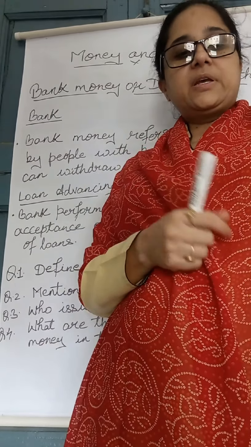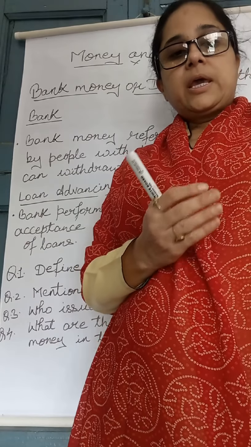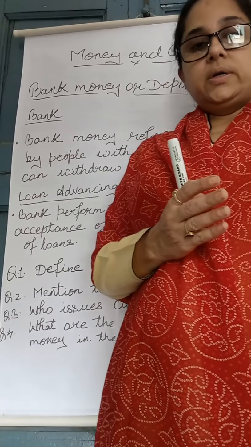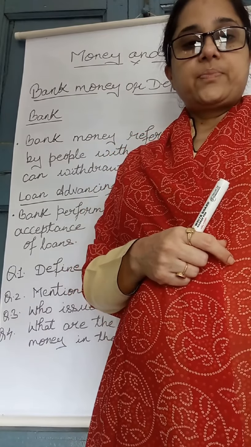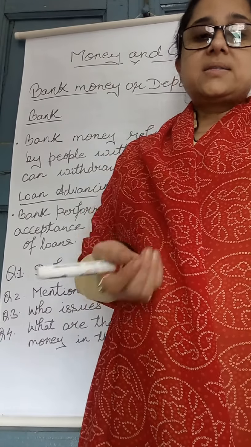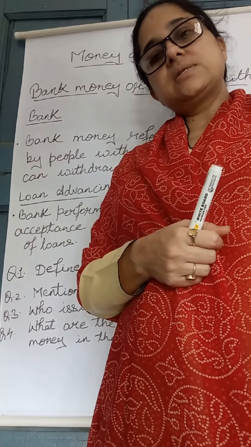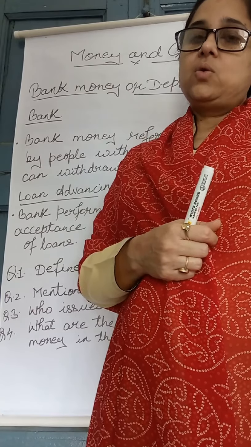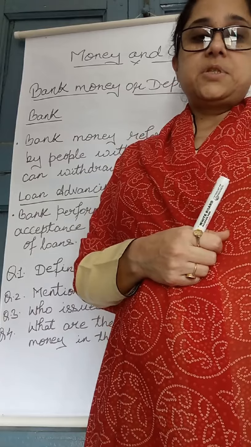Then in the medieval period, after the barter system, came the use of metallic coins like gold, silver and copper coins. As these were made of precious metals, they had value of their own. Then afterwards the modern phase comes.